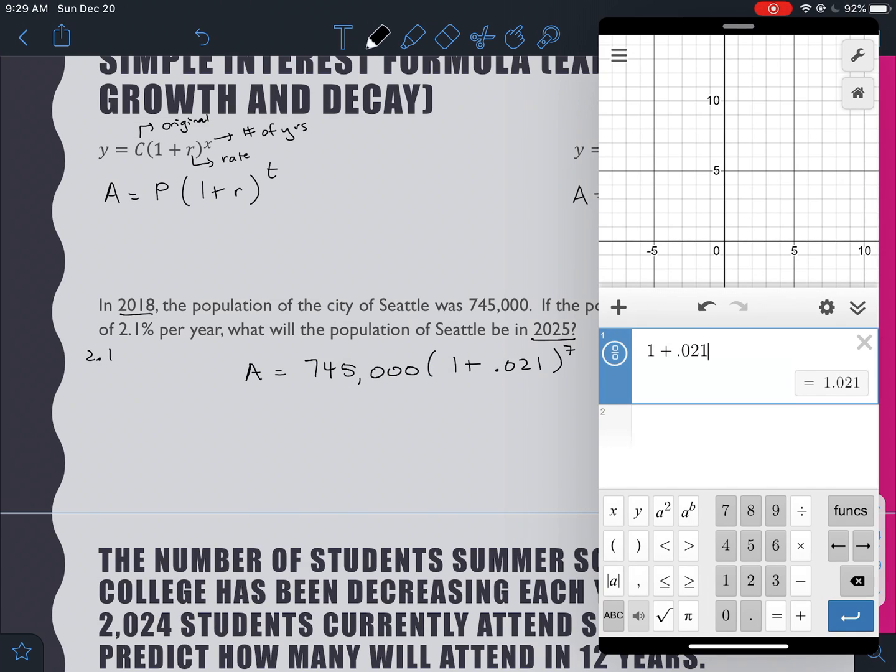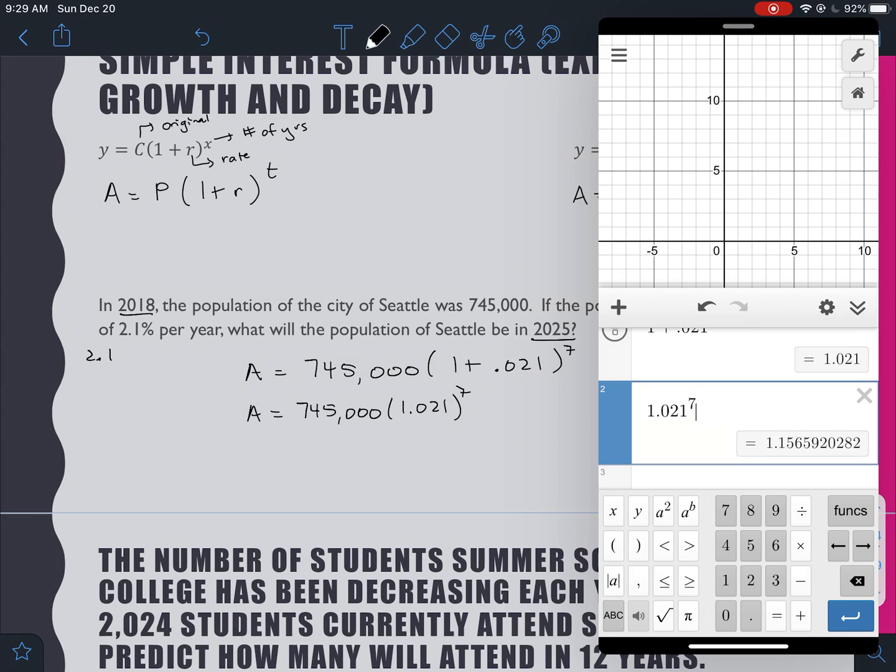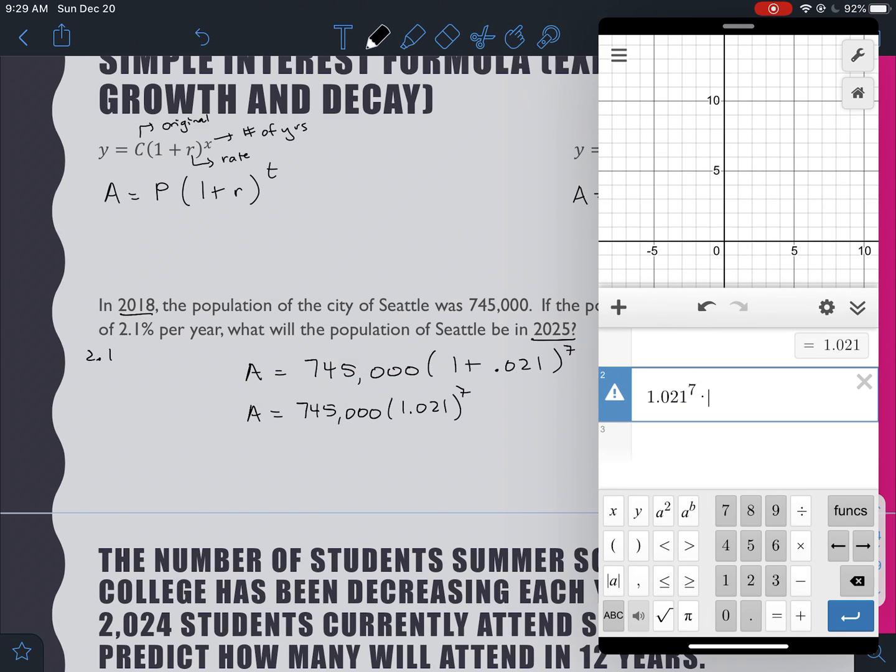So order of operations says start on the inside of the parentheses. So 1 plus 0.021, you get 1.021. So for the final population of Seattle, we're going to do 1.021 raised to the 7th power, and then we're going to multiply that by 745,000.